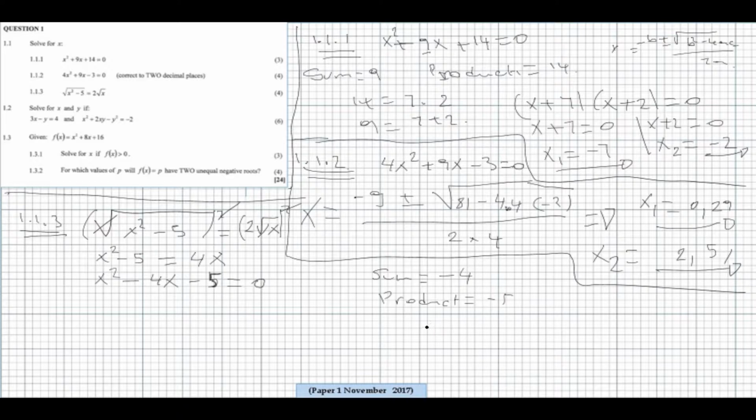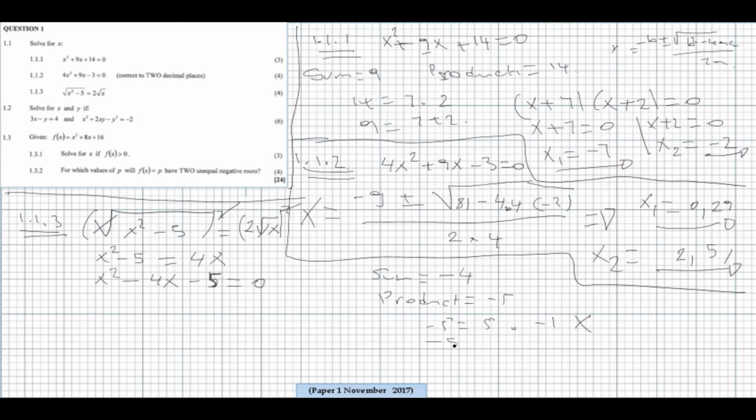So if I say negative 5 is equal to 5 multiplied by negative 1, that is correct, because 5 multiplied by negative 1 gives negative 5. That's gonna work for the product, but let's see if it's also gonna work for the sum. 5 plus negative 1, I'm gonna get positive 4, but here I have negative 4, so this option will not work.